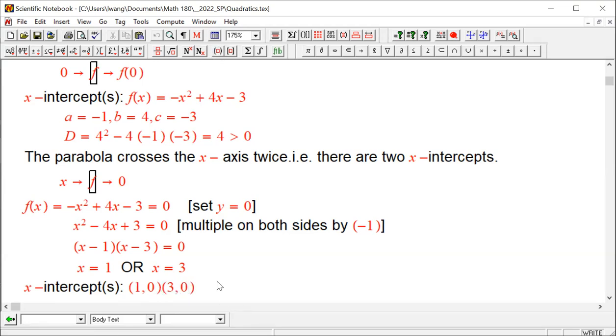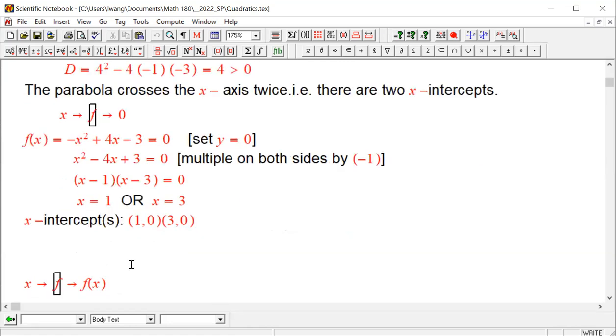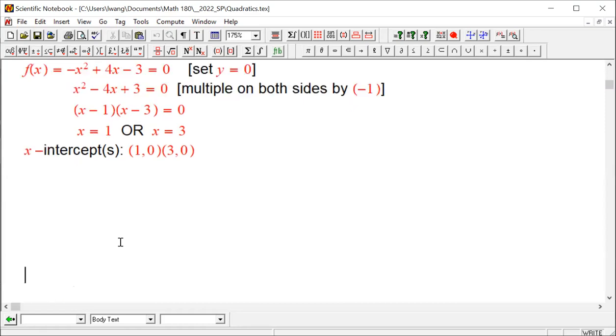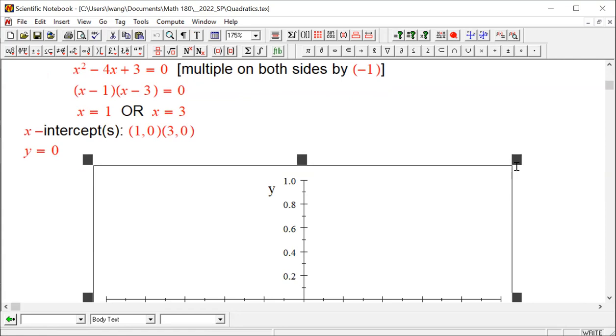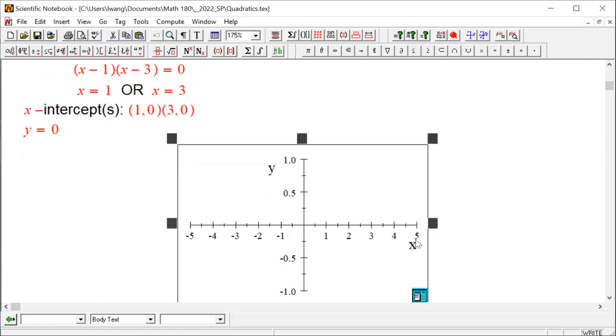So now we already have 3 points on the graph. If you want to sketch the graph, this will be the moment you may like to do it. Of course, if you have a nice graphing calculator, you would get the graph at your fingertips.